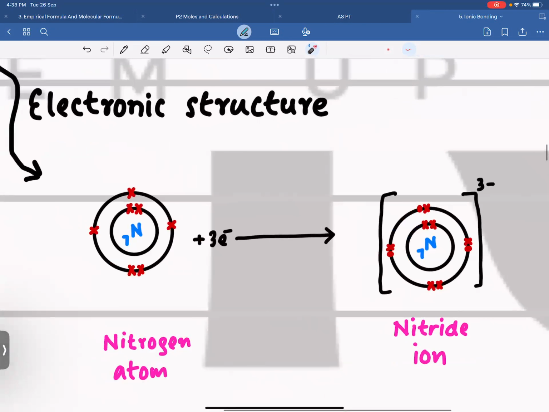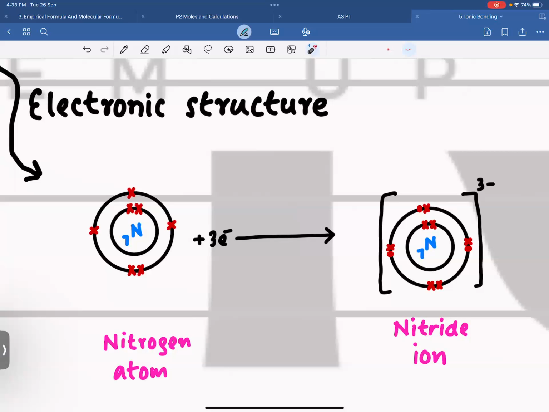Here we have a nitrogen atom. So see, we just made one difference. And what difference is that? If you recall, in the initial electronic structure we drew for the formation of a cation, we put the electrons as dots. And here we are putting the electrons as crosses, because the electrons which the cations have lost are actually gained by these atoms to form an anion.